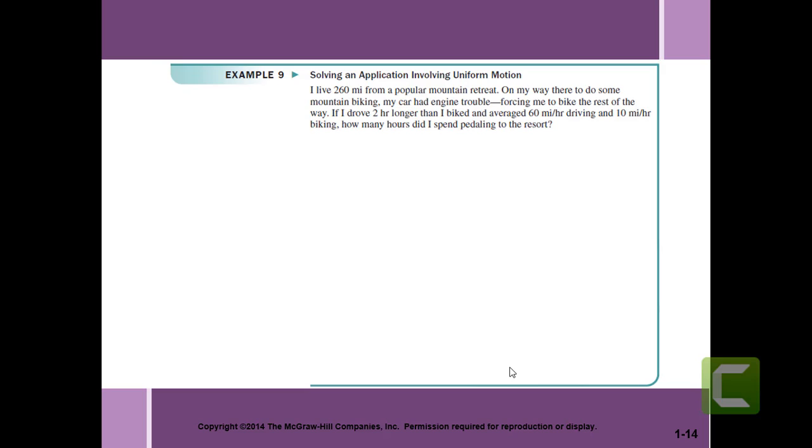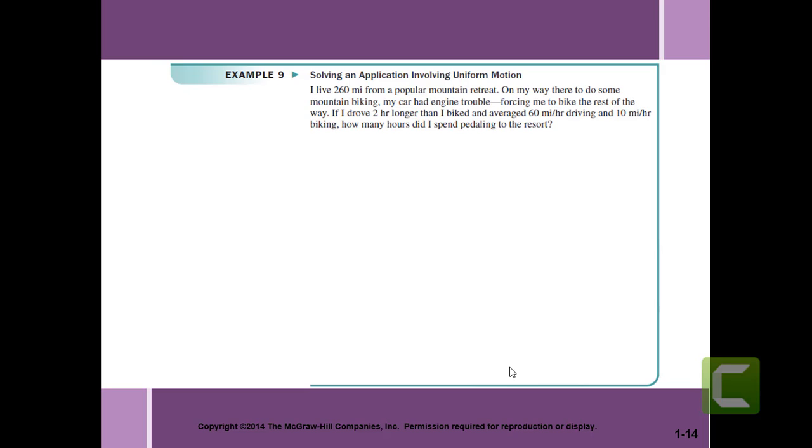If I drove 2 hours longer than I biked and averaged 60 miles per hour driving and 10 miles per hour biking, how many hours did I spend pedaling to the resort?